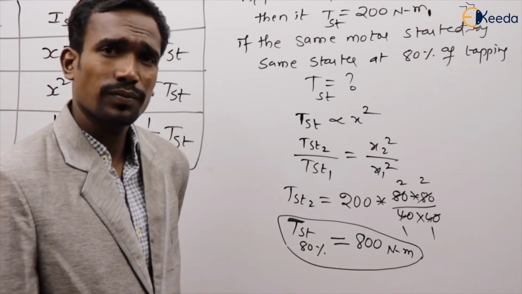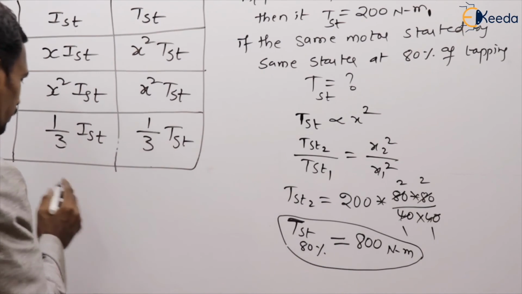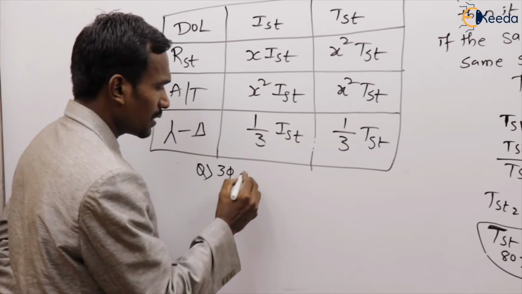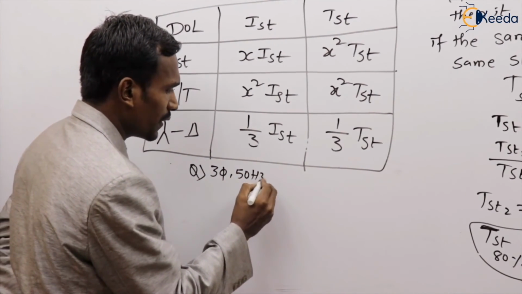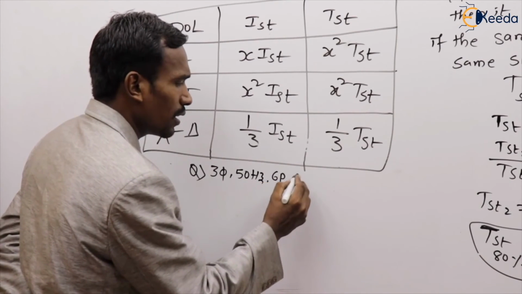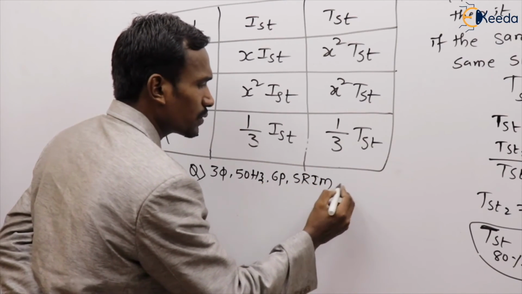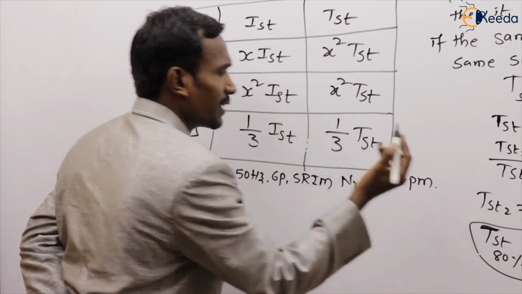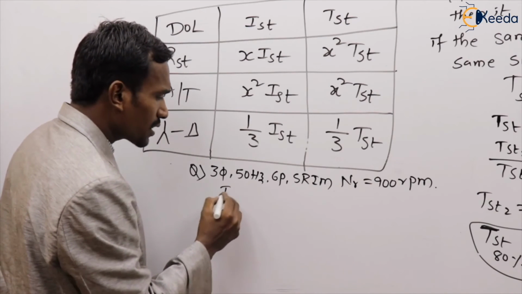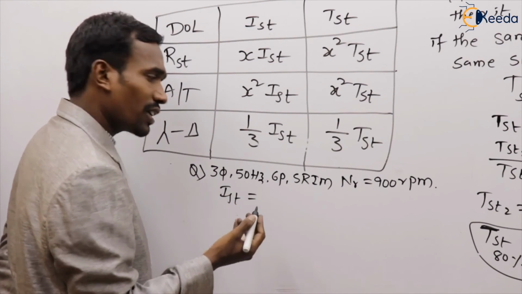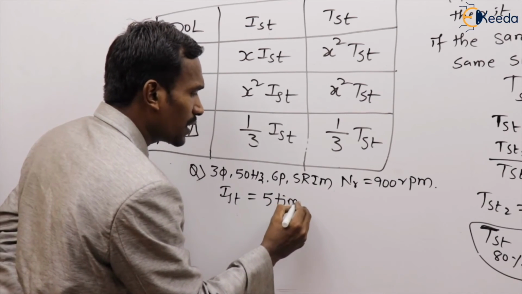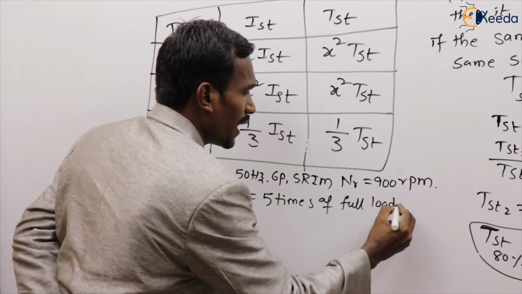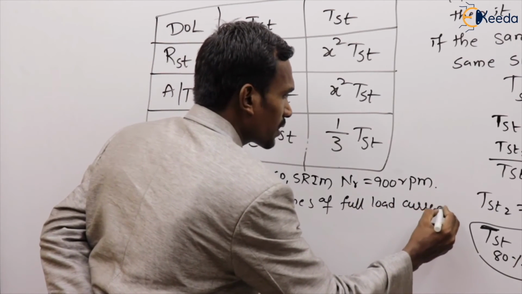Next question. See here. A three-phase 50 Hz, 6-pole slip ring induction motor rotating at 900 rpm, and the starting current is 5 times the full load current.